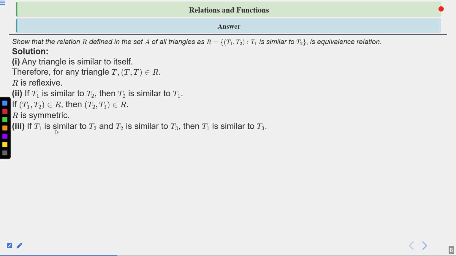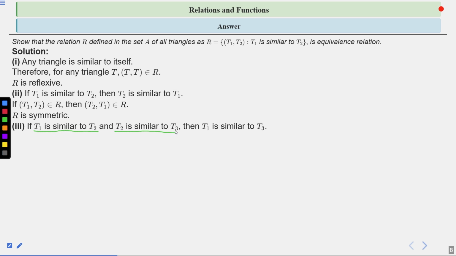Now for the third, transitivity, we always start with two pairs. The first one is (T1, T2) belongs to R, meaning T1 is similar to T2, and the second one is (T2, T3) belongs to R, meaning T2 is similar to T3. Now you can easily see that T1 is similar to T2 and T2 is similar to T3. So congruency, or not in this case, the similarity in triangles is also transitive.